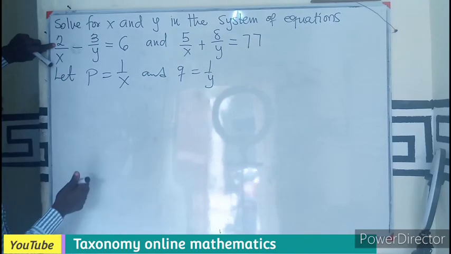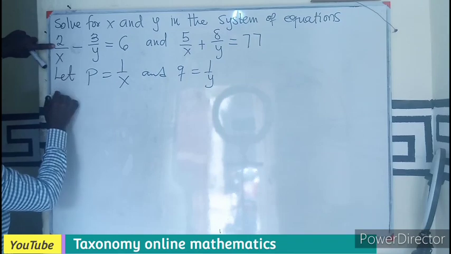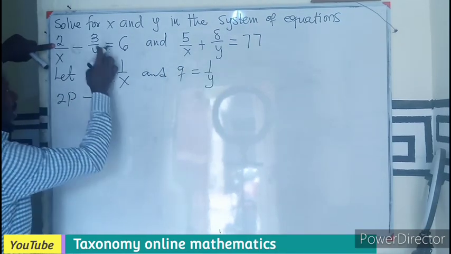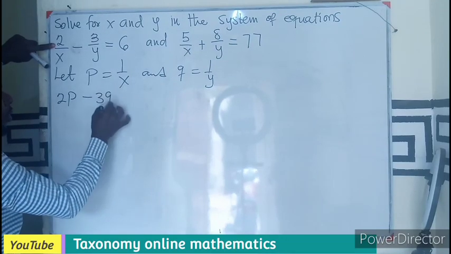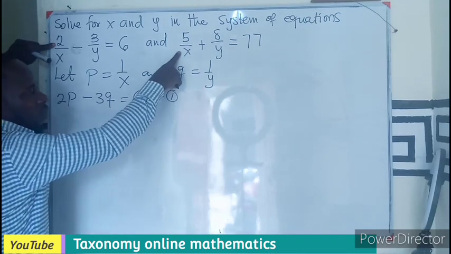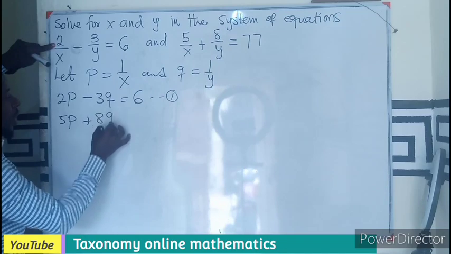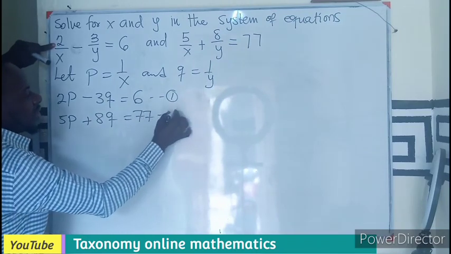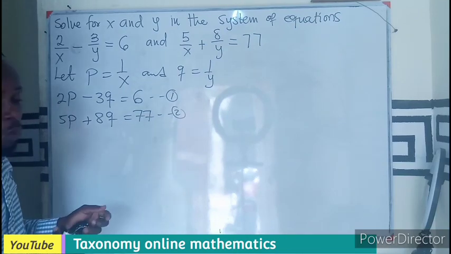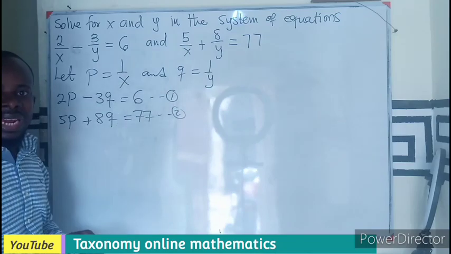Our first equation is going to be 1 over x times 2, meaning 2p, minus 1 over y times 3, that is 3q, equal to 6, as my equation 1. It will have effect here as well as 5p plus 8q equals 77. So these are the two equations. Don't forget we are doing substitution, so we will come back again to find x and y using p and q.